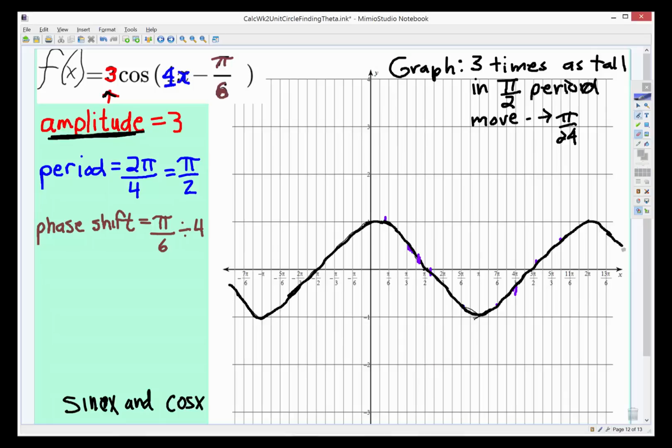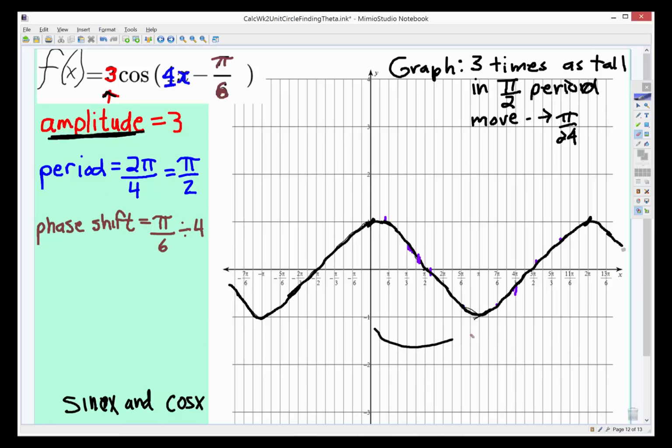Okay? Then the period. So for the sine and cosine, the normal one period is 2 pi. So it starts up for cosine, it starts up here at 1, and it returns to positive 1 in this 2 pi period. So that's its normal period.